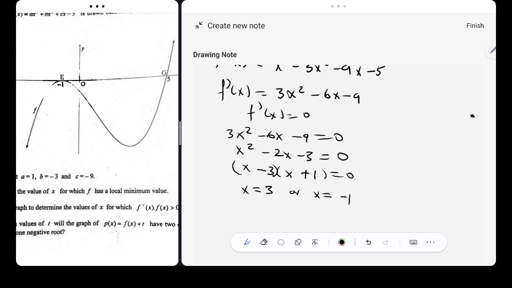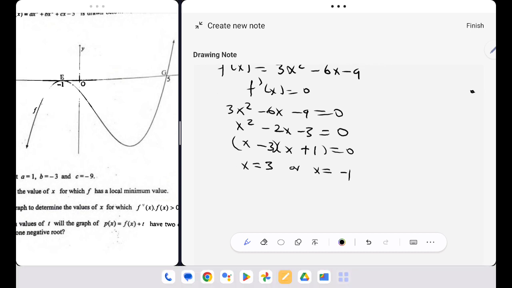The one which is above the other is the maximum, and the one which is below is the minimum. So I know at my maximum I was given that x is equal to 1. So that means for my minimum, x is equal to 3 at the minimum value of f of x.